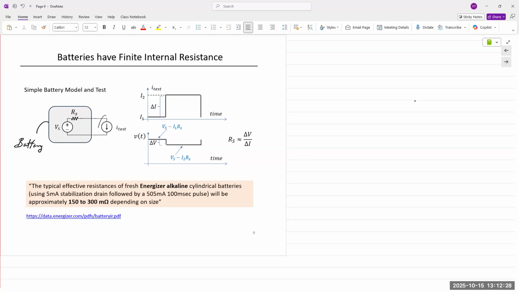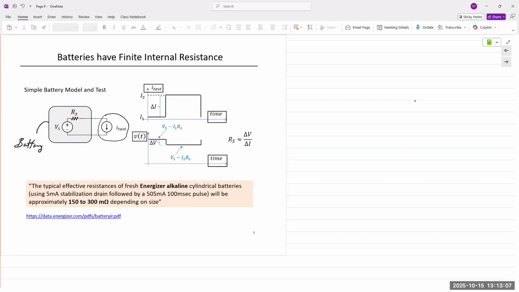And we can put a current sink at its output terminals, which is going to send a known quantity through our battery, call it I test. This first graph shows us the input that we are applying as a function of time, and here is the output voltage that is measured at the corresponding points in time.